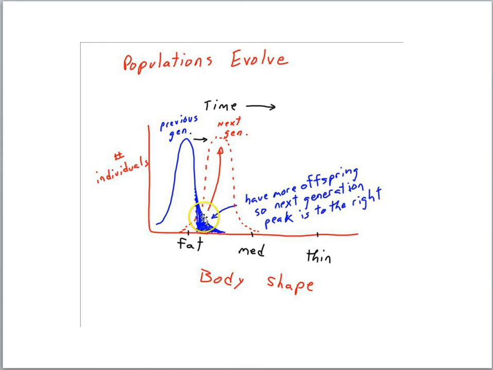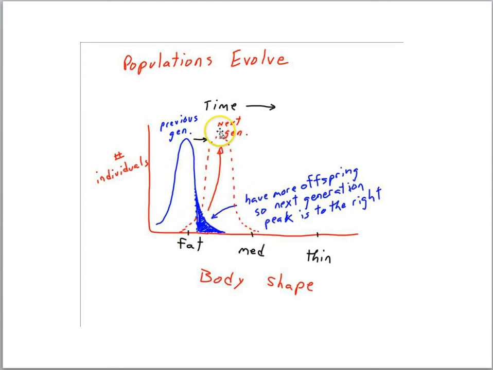So it's these individuals that will tend to have more babies and so pass on that thinner than average body to the next generation. Well, that means the average body shape in the next generation is going to be a little thinner than the average in the previous generation. So you see in the next generation, the red dotted line here, that's the characteristic population distribution.